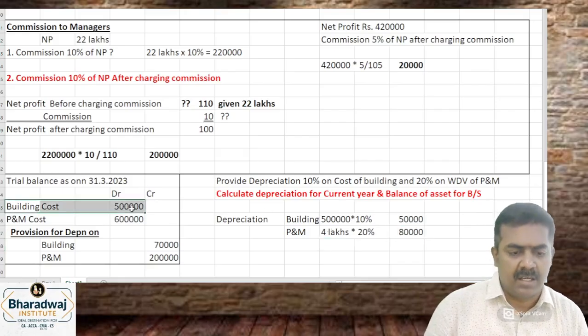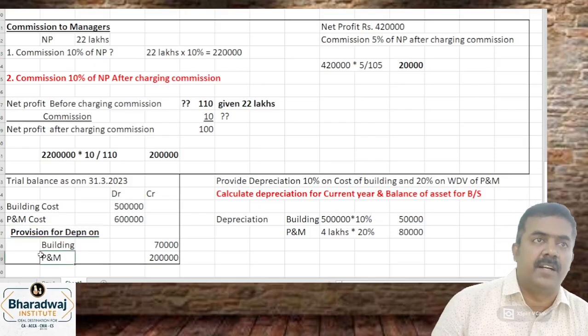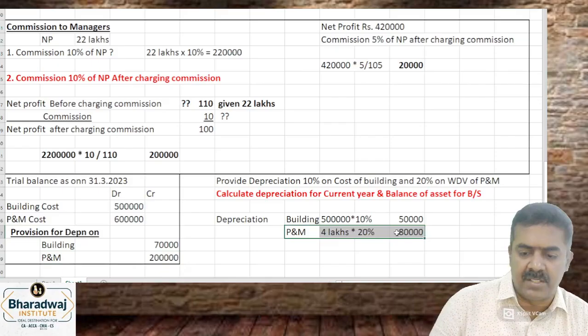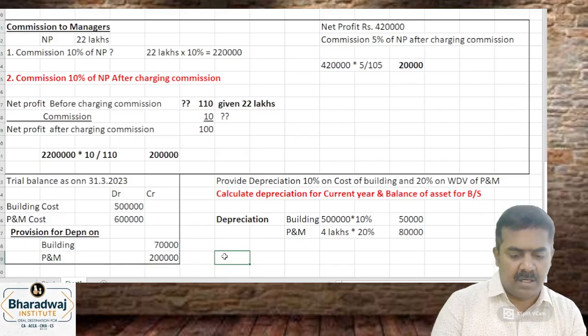Building cost 5 lakhs into 10%. Plant and machinery cost is 6 lakhs. Provision for depreciation means accumulated depreciation. 2 lakhs already charged. What is WDV? 4 lakhs into 20%, 80,000. So this is depreciation. For the balance sheet, how much will you show as an asset?